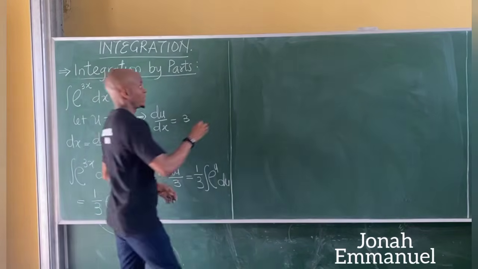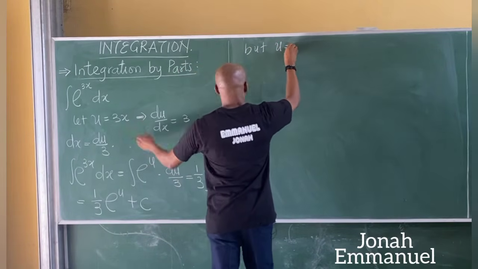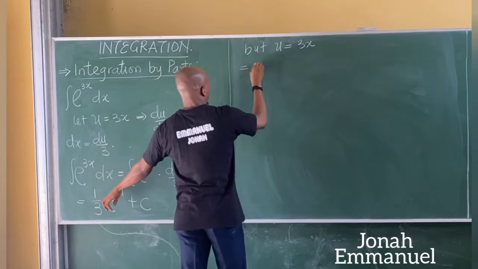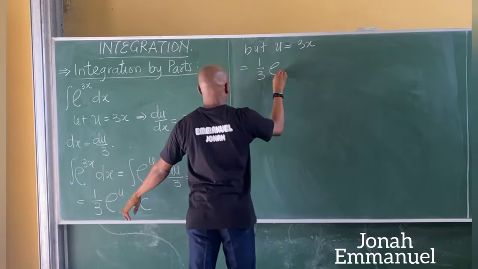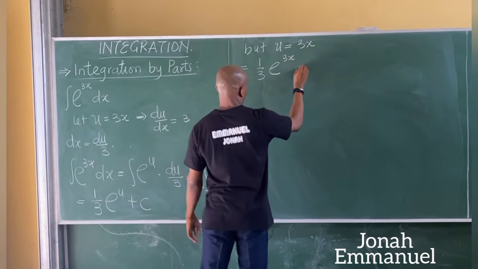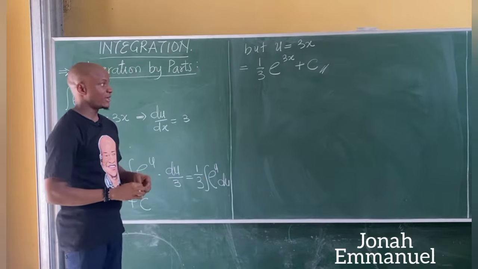From here, what we said u is equal to 3x, so my value now will be equal to 1 over 3 exponential u in value is 3x, then plus c. So I have this as my answer.